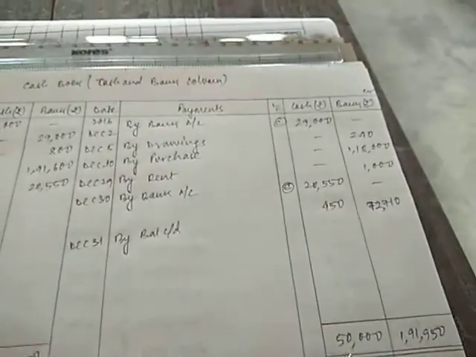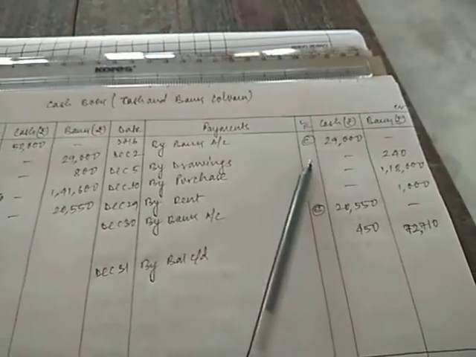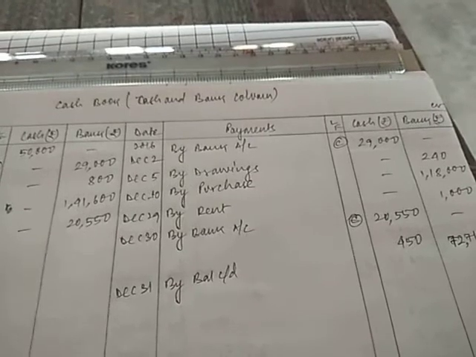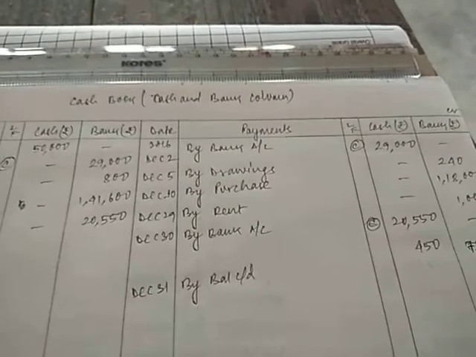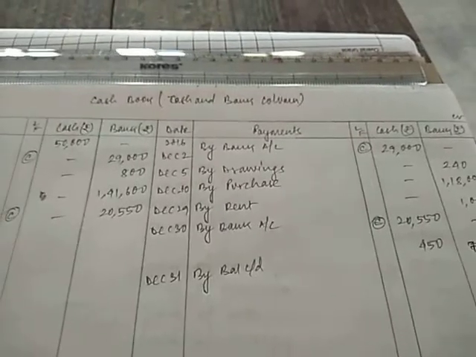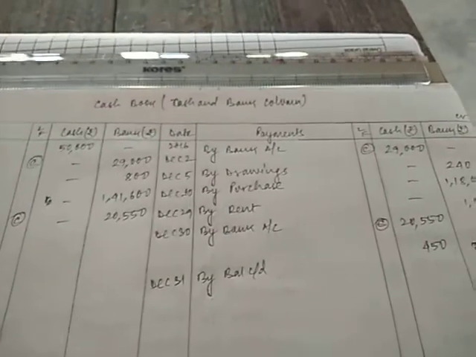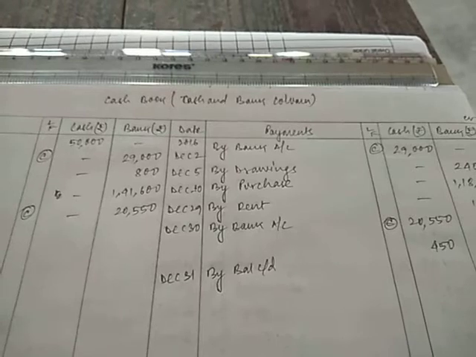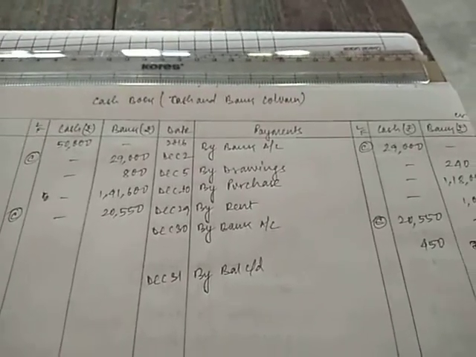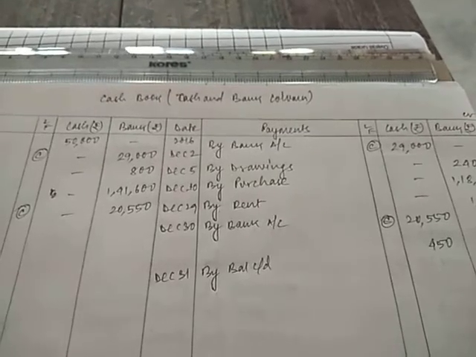So from this 50,000, when you deduct 29,000, you will get 21,000. So 21,000 cash balance is remaining with us. Out of this 21,000, we need to retain only 450 with us and the rest of the amount should be deposited into bank. So out of 21,000, if you need to keep only 450, then 20,550 rupees can be deposited into bank. So we'll deposit 20,550 into the bank.